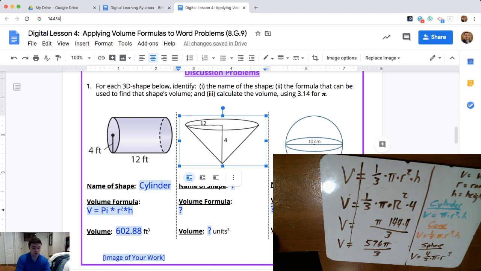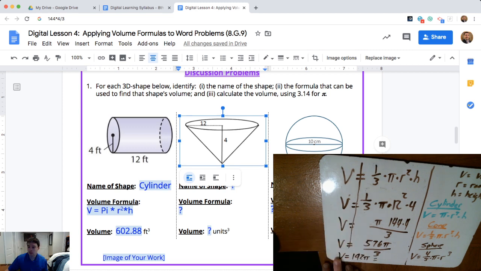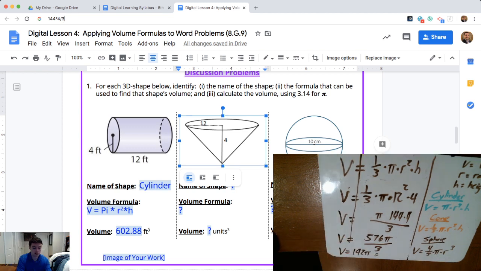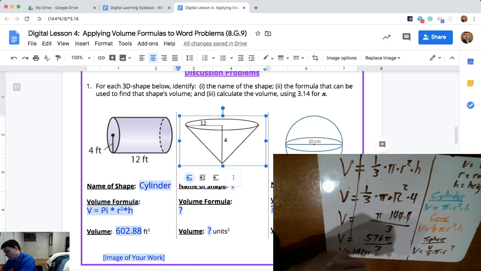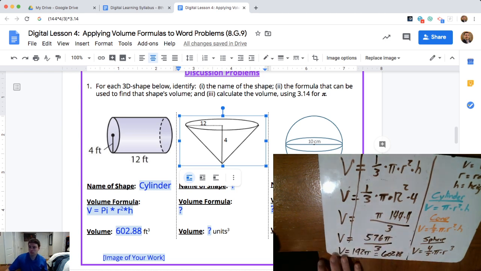If I do 576 divided by 3, that gives me 192, so the volume is going to be equal to 192 multiplied with pi. We use 3.14 for pi. We end up getting the same answer, it turns out, that we had for the last problem.